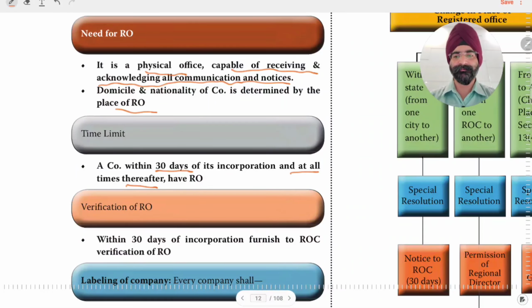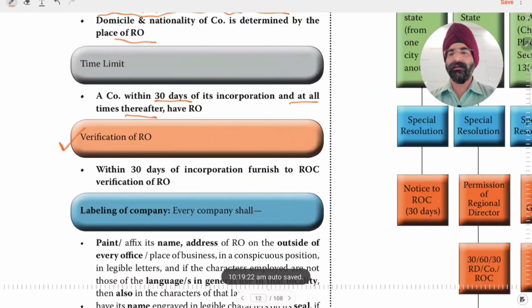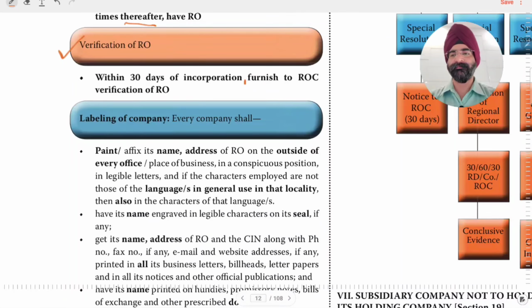There should be no gap. Verification of registered office. Within 30 days of incorporation, furnish to ROC verification of registered office. So a verification is filed with ROC within 30 days of incorporation of a company.